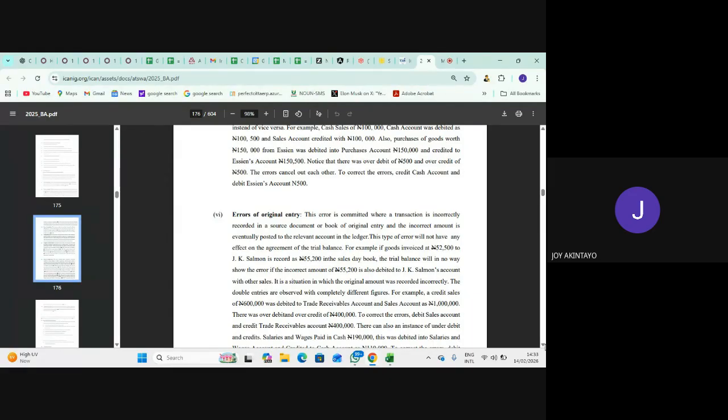And you know books of original entry, or prime entry, are where you initially record before you transfer to your ledger. So any error that occurred will be carried forward.